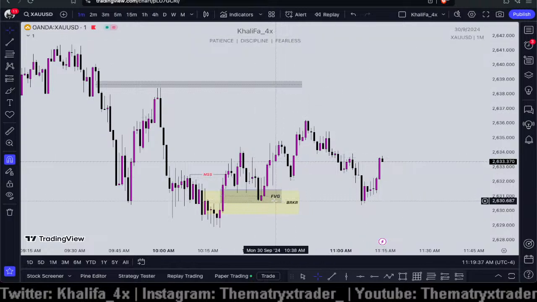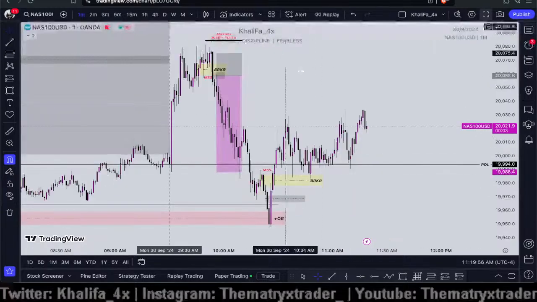I didn't give this setup, but I just marked out this breaker and fair value gap. If you took the buy setup from this fair value gap, you would have actually had a 2 hour setup. Obviously more than 2 hours, but a perfect 2 hour trade.